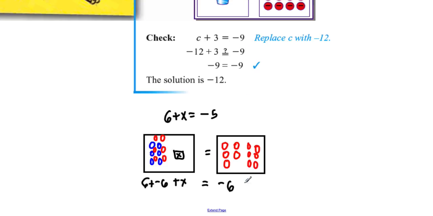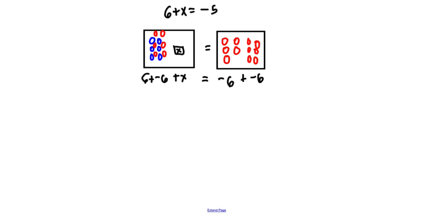Okay, plus negative 6 right here. And from there, we isolated our variable, because what happens now is that these are all zero pairs. We take them out. We've isolated our variable to become x.